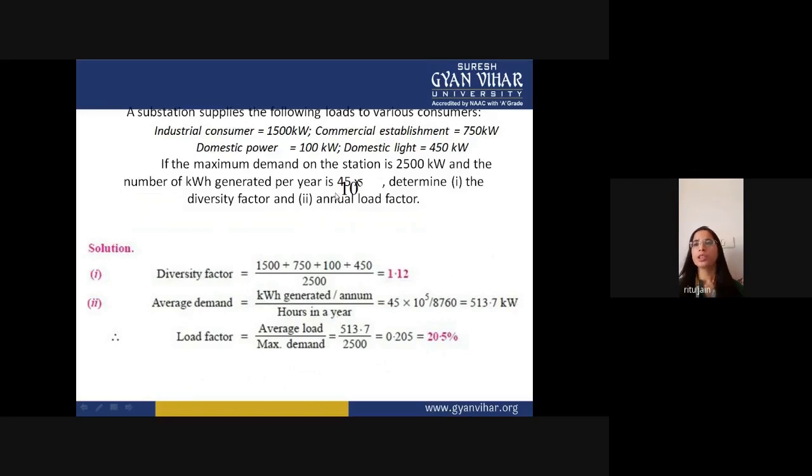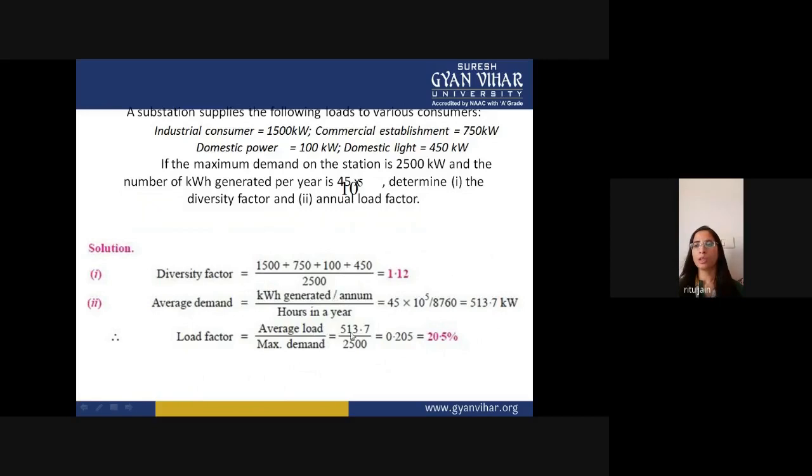So the energy generated per year is 45 into 10 to the power 5 kilowatt hour, which is divided by the hours in a year. So you will get 513.7 kilowatt. This is your average demand of the year.